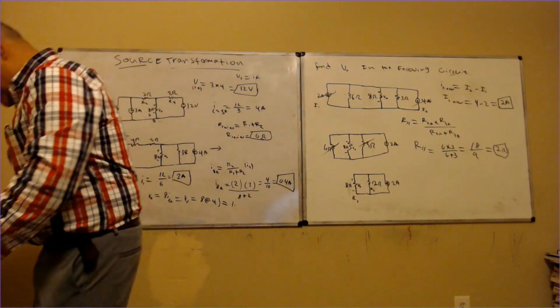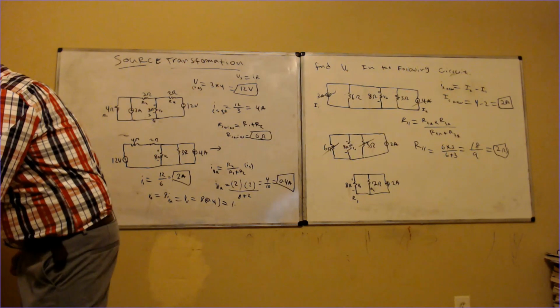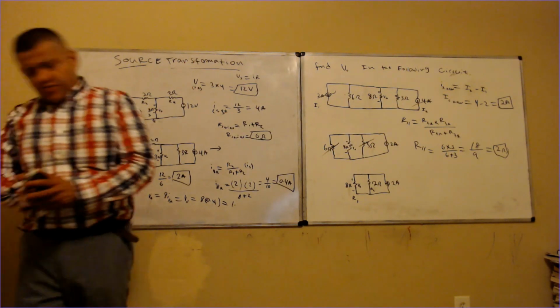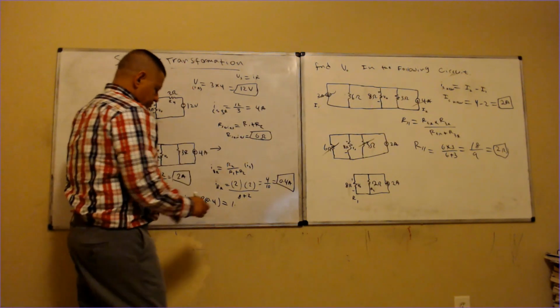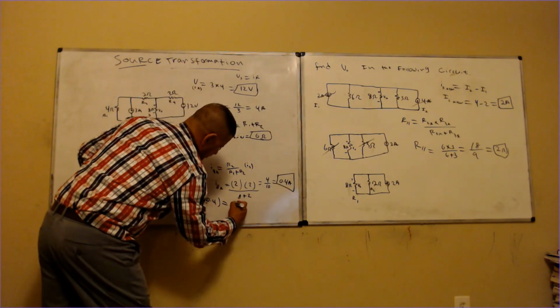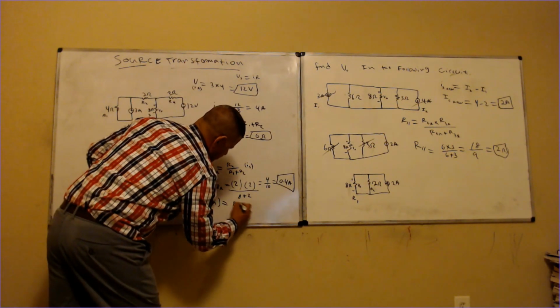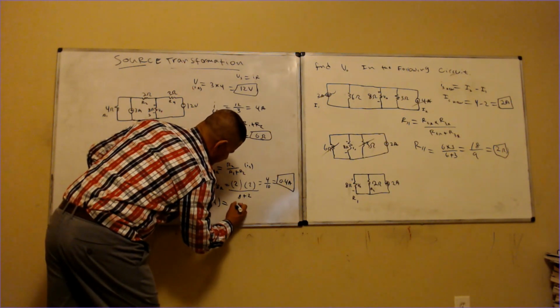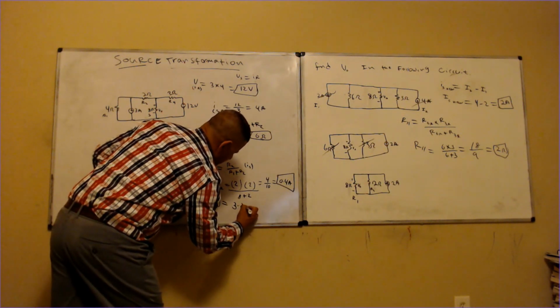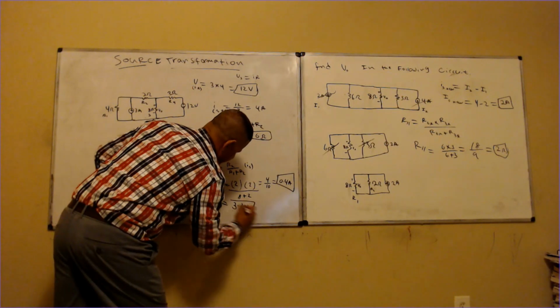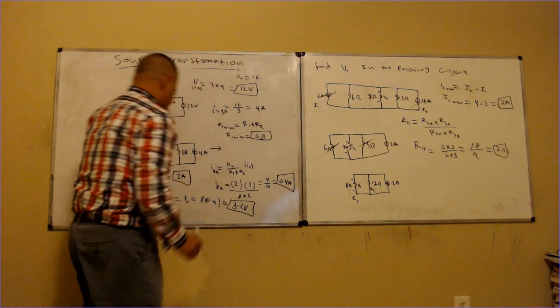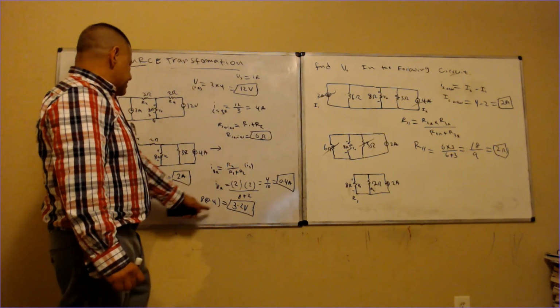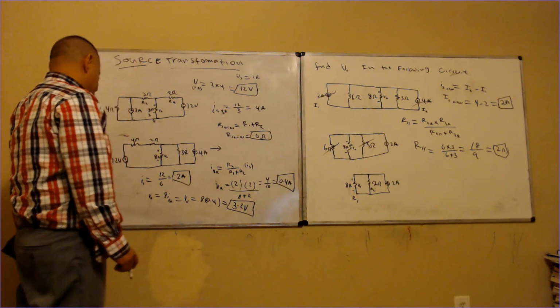No, it's going to be 3.2. So V naught is equal to 3.2 volts.